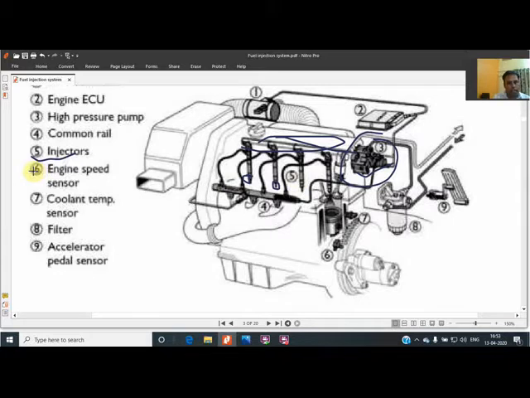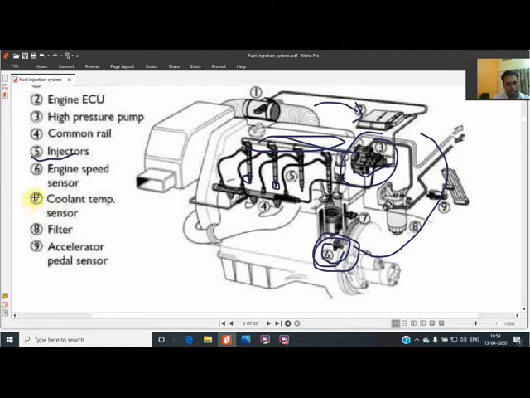And thereafter we have the engine speed sensors. The engine speed sensor is attached to the flywheel itself, to measure what speed the engine is running, because the ECU has to take the signals from the engine speed sensor, the throttle position, what the driver wants, and the air metering and the lambda sensor. All signals are to be used for proper working of the fuel injection system, to decide how much fuel is to be injected.